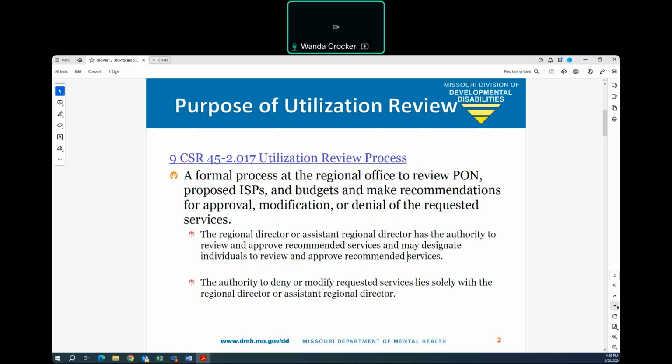The regional director or assistant director has the authority to review and approve recommended services and may designate individuals to review and approve recommended services. The authority to deny or modify requested services lies solely with the regional director or assistant regional director.